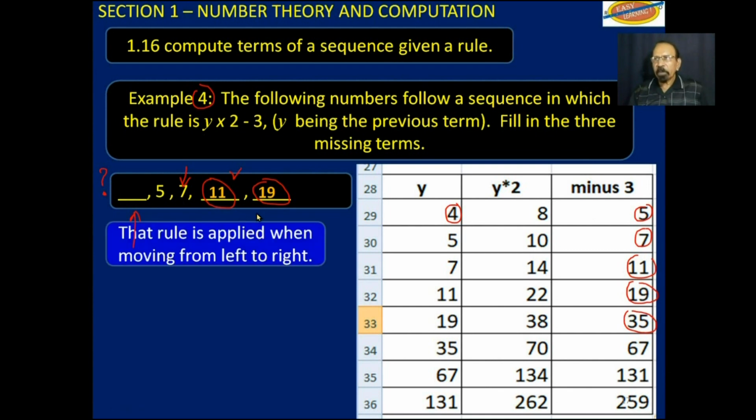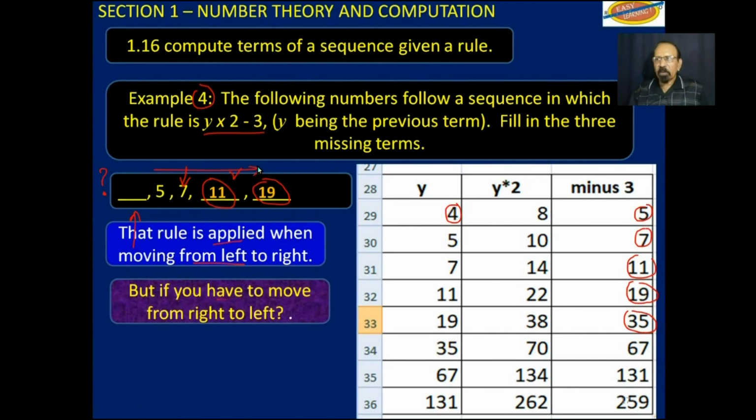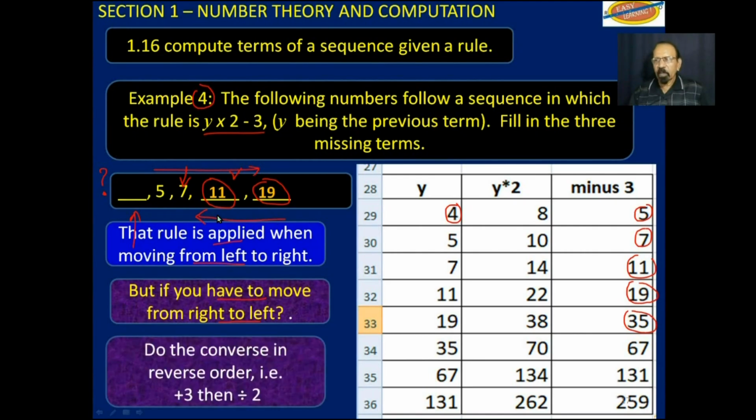So that rule that we have up here is applied when you are moving from left to right. You're going in that direction. But if you have to move from right to left, going in the opposite direction, this is what you do. You do the converse of what you did up there in the reverse order. So up here, we were multiplying by 2 first, and then subtracting 3.